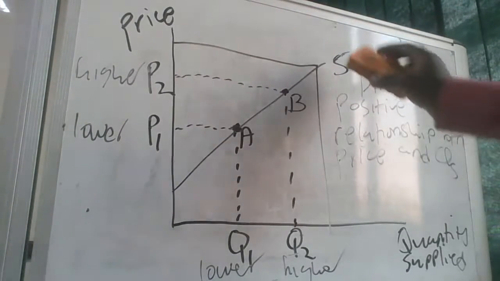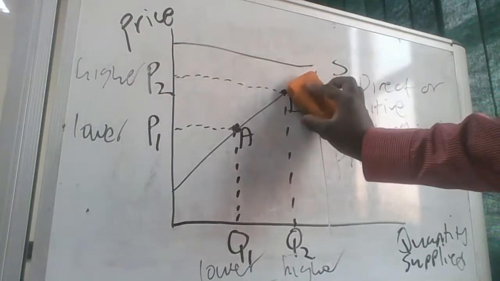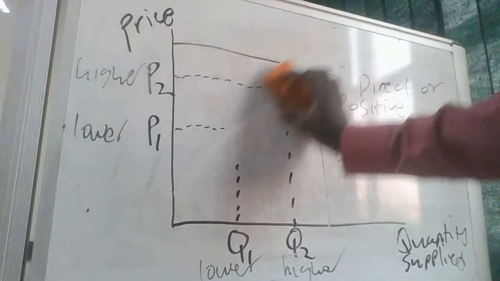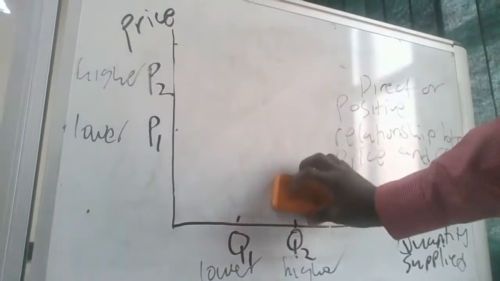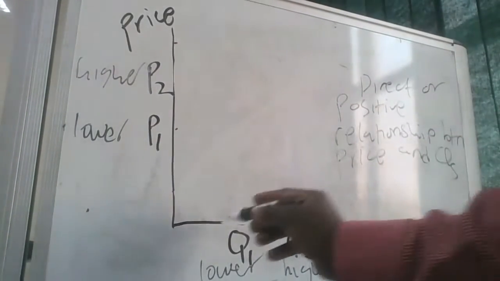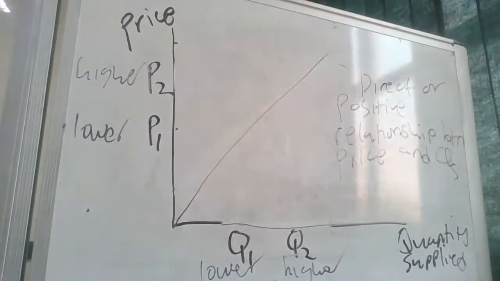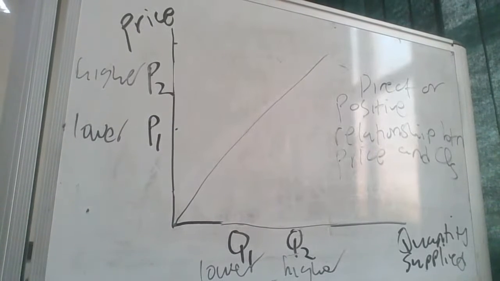And take note that it's not always a must that the supply curve should start from a particular point. The supply curve can start even from the origin, depending on the type of the commodity. So you can start from the origin, or it can start from anywhere. You should always be careful when you are drawing the curve. First, start by looking at the intercepts that you have.